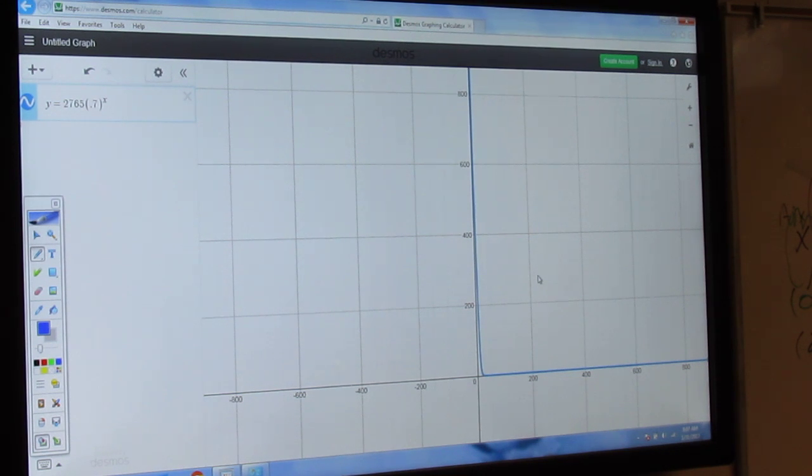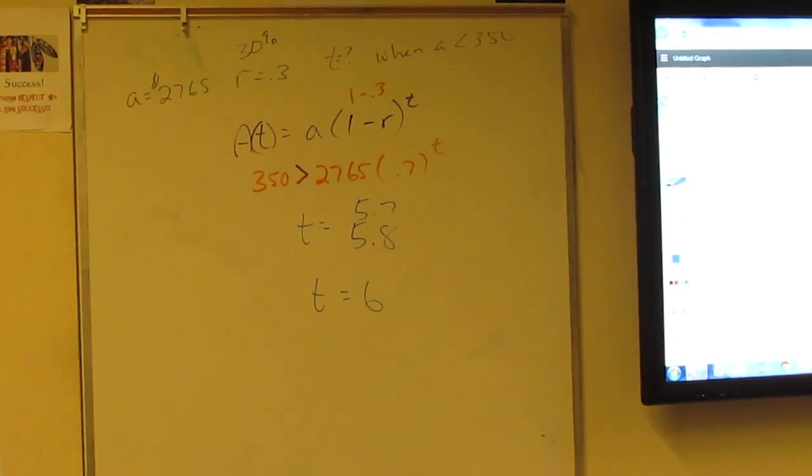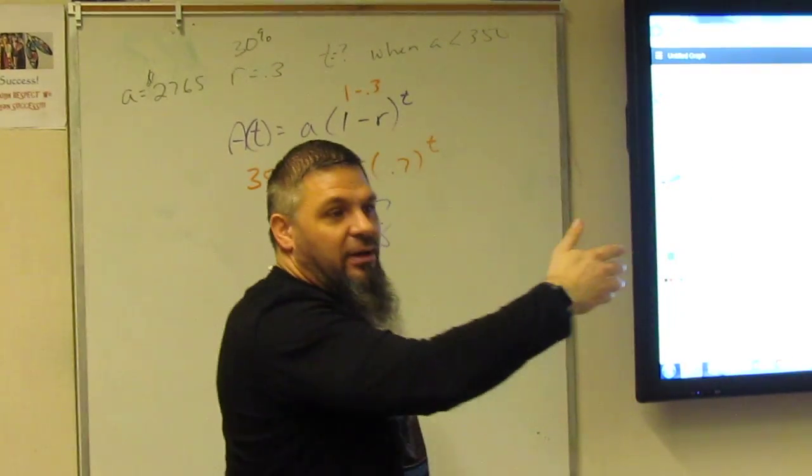And what we would do to figure that out without that graph? A lot of you are like, well, I don't have a graph on my calculator, and I don't have that computer at home. Obviously you can just get this free on the internet.